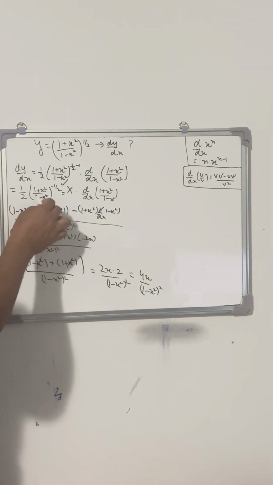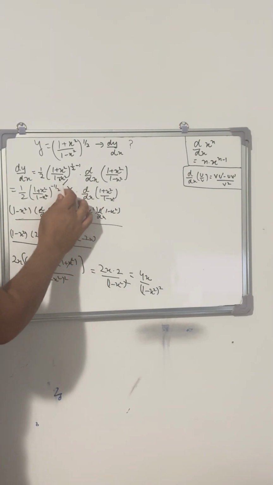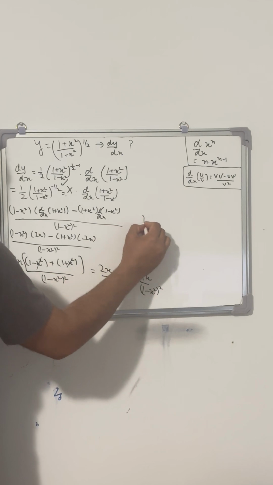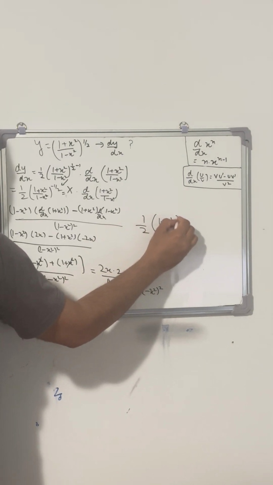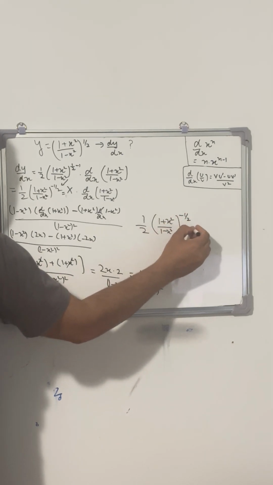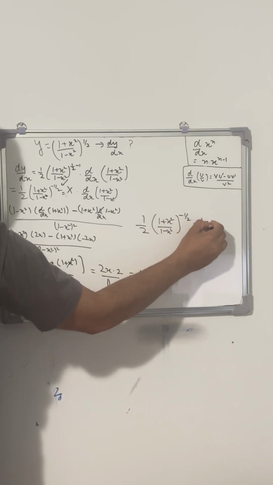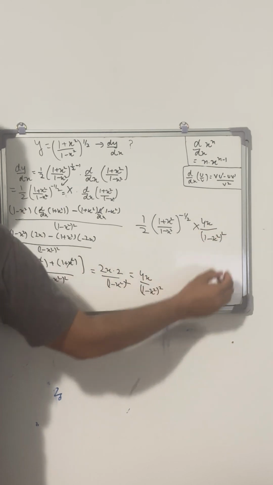And we have to substitute all of these values here, and we know the value of x is this, which is 1 by 2 times (1 plus x square) (1 minus x square) raised to power minus 1 by 2, multiplied by 4x over (1 minus x square) raised to power 2.